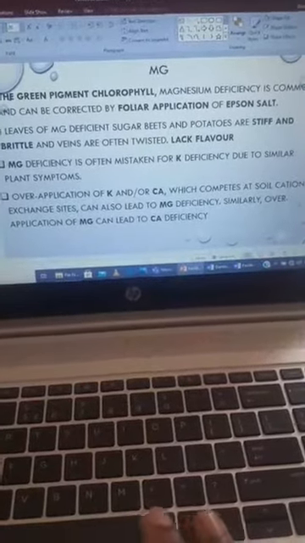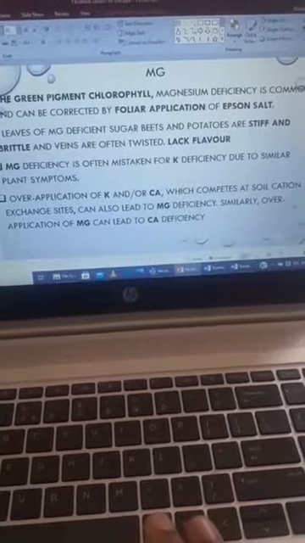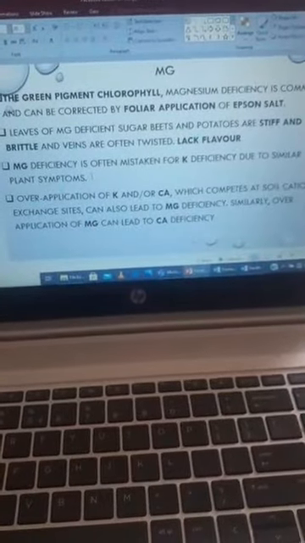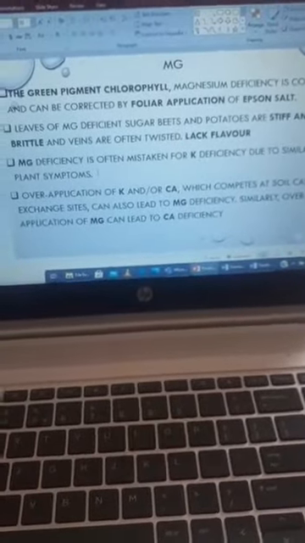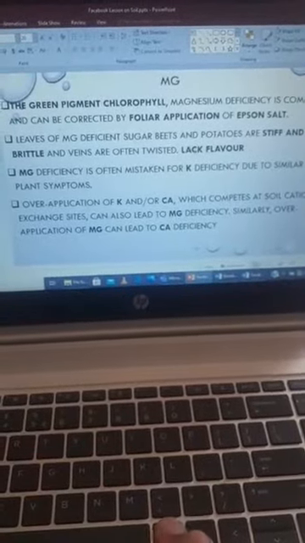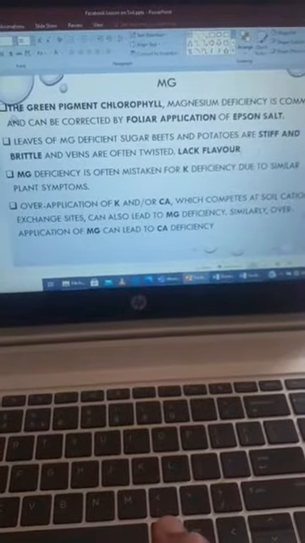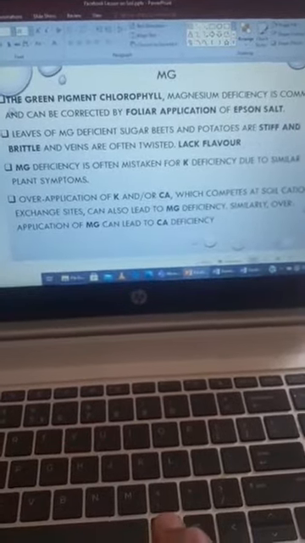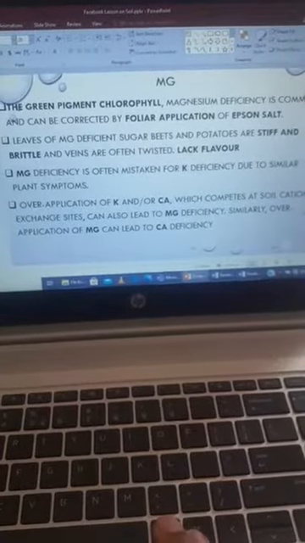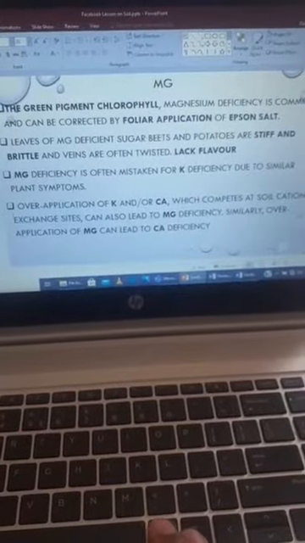That's why I said here, K deficiency can be mistaken for magnesium, because these two cations interact a lot. So flavor is important, brothers and sisters. Don't sell people cabbage that has no taste, or lettuce with no taste, or maize with no taste. You need to balance, because the maize or cabbage is tasty when you are balancing the nutrients in your soil. So this is magnesium.